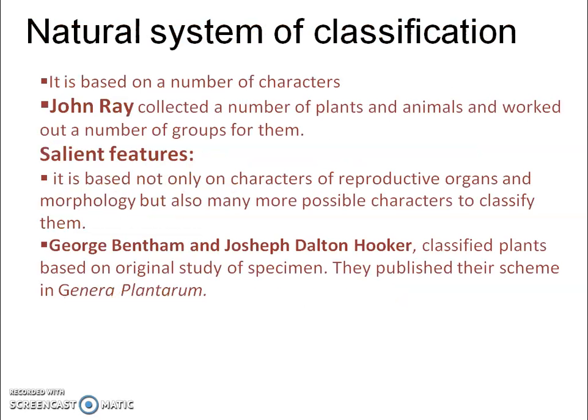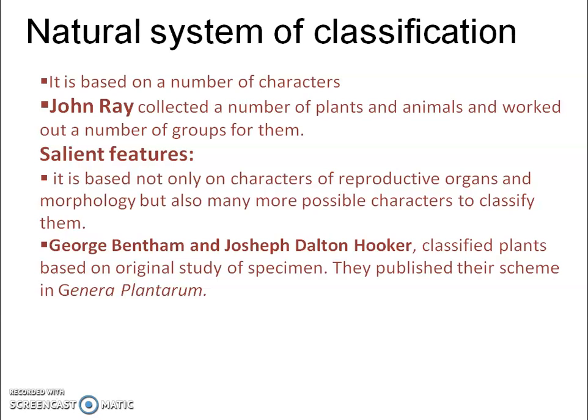Now the natural system of classification. This is based on a number of characters. John Ray collected a number of plants and animals and worked out a number of groups for them. What were the salient features? It is based not only on the reproductive organs and morphology, but also on many more possible characters. George Bentham and Joseph Dalton Hooker classified plants based on original study of specimens.